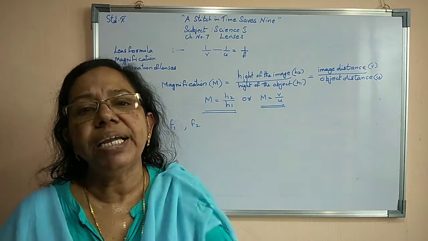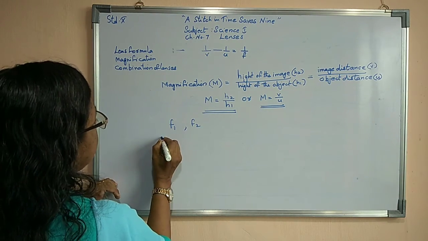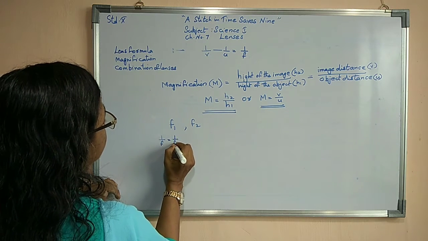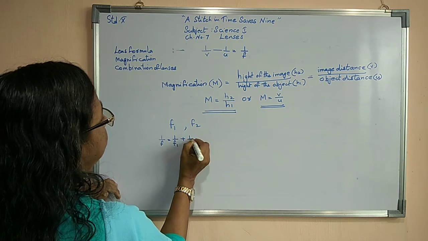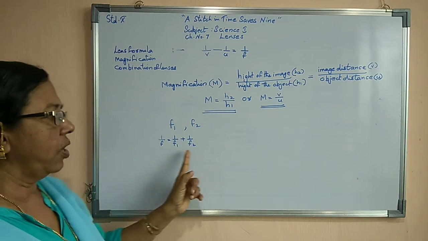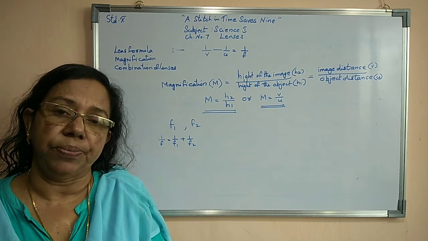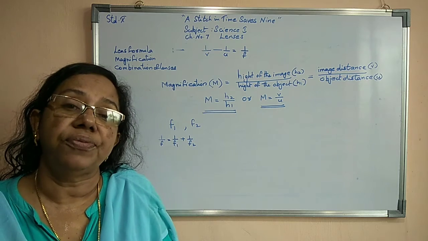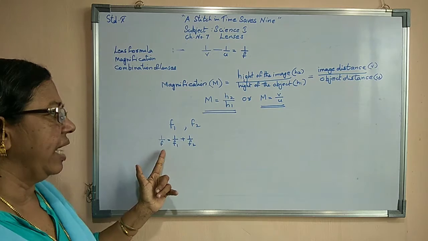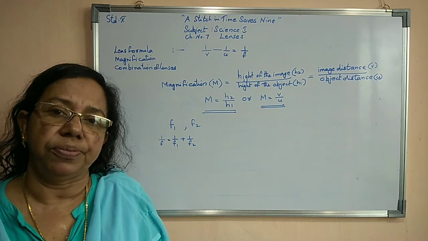For finding the combined focal length, we can use the formula 1 upon f is equal to 1 upon f1 plus 1 upon f2.